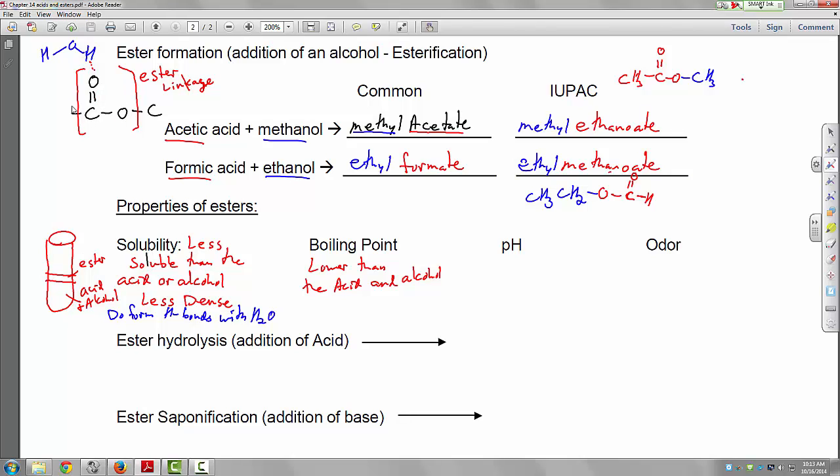But there's no hydrogen here in an ester linkage, so they do not form hydrogen bonds with each other, so they're going to have lower boiling points.